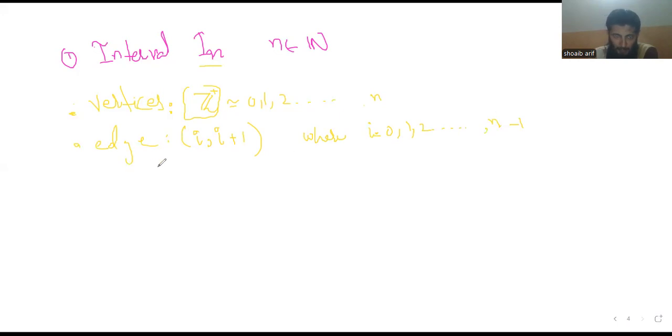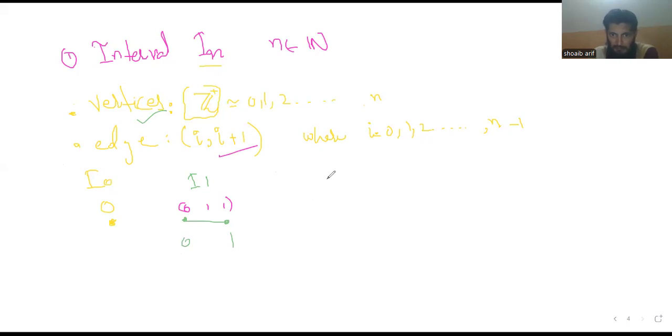For example, if we have the graph I_0, there is one vertex 0 and no edge. If we choose I_1, there are two vertices according to the vertex set, 0 and 1, and there is an edge 0 to 1, according to this definition of edge.